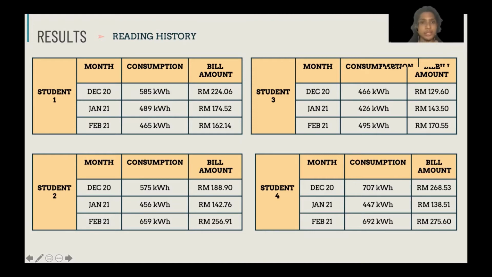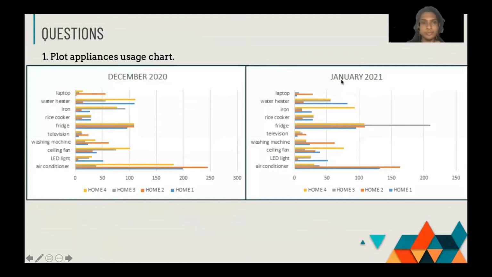The consumption of each house ranges from 426 kilowatt per hour, in the month of January 2021 for student 3, to 692 kilowatt per hour, in the month of February 2021 for student 4. The bill amount ranges from RM138.51 to RM256.91.